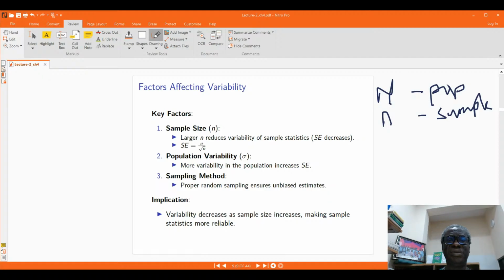Again, remember the population standard deviation is also a measure of the population variability.